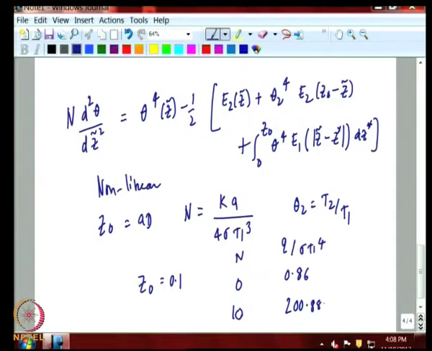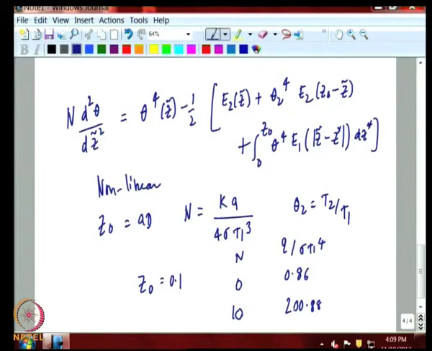So, what you see clearly here is that if the value of n in this example was of the order of 10, that is, conduction is of the order of 10 times larger than radiation, then the heat transfer rate from the surface of the bottom plate goes up more than 200 times.